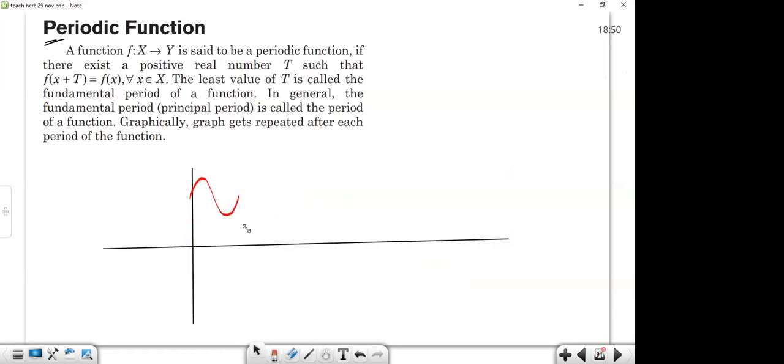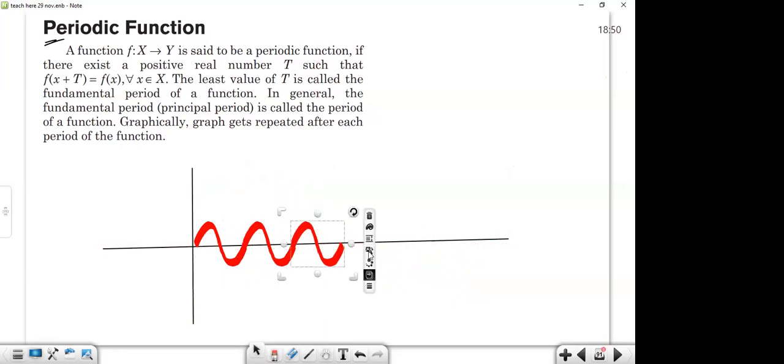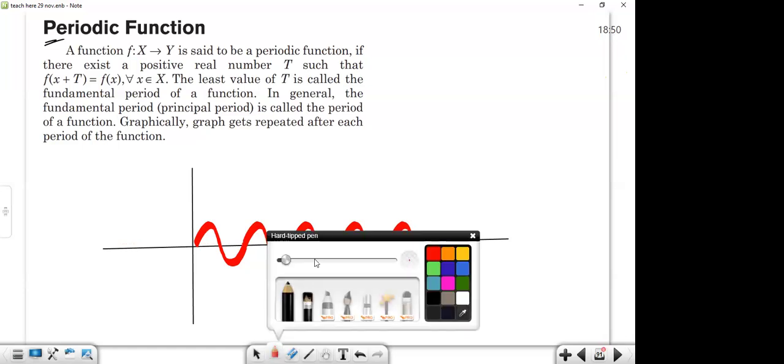That should not be the case. Good, very good. Now this is my best drawing. Okay, so let's understand what this is.